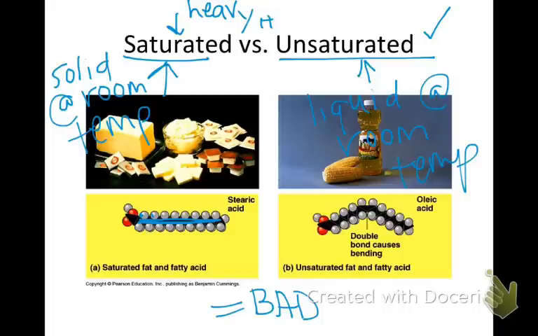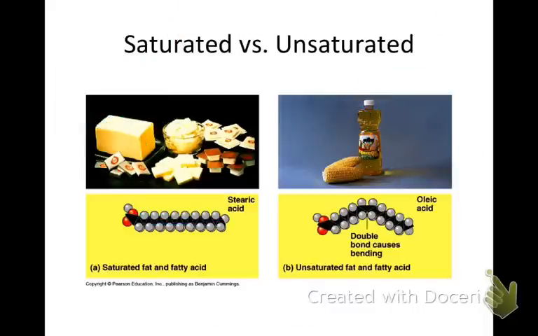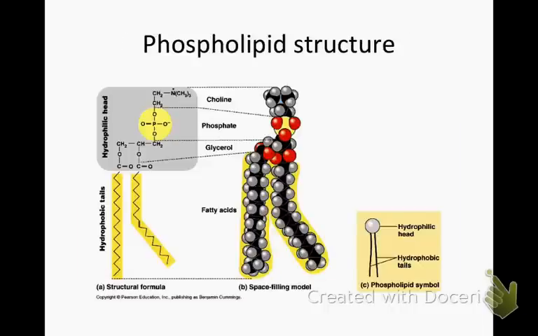Phospholipids. Please know that these molecules replace a single fatty acid with a single phosphate ion. Let's move on to our phospholipid slide. Remember, we drew him before. Draw your phospholipid out there. Label which is hydrophilic and which is phobic.